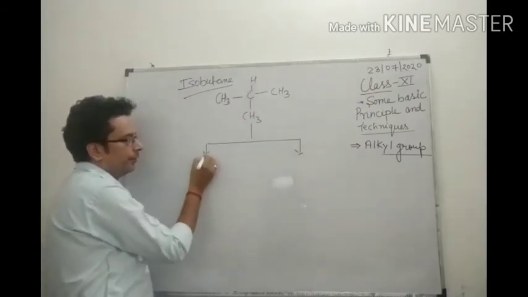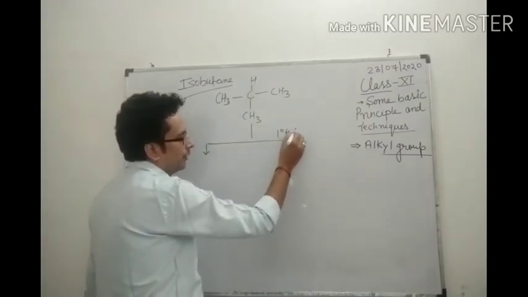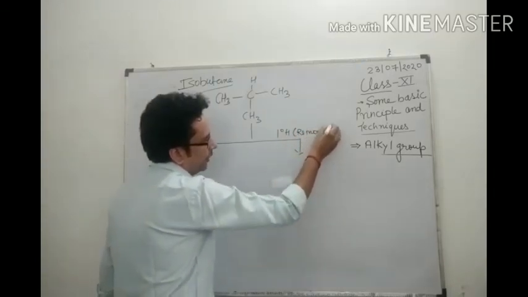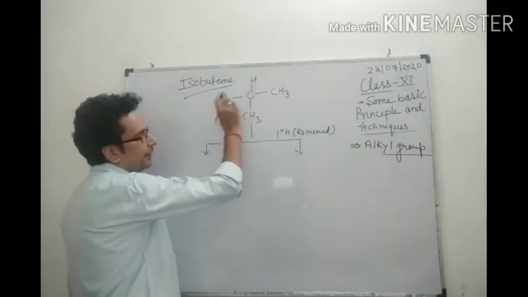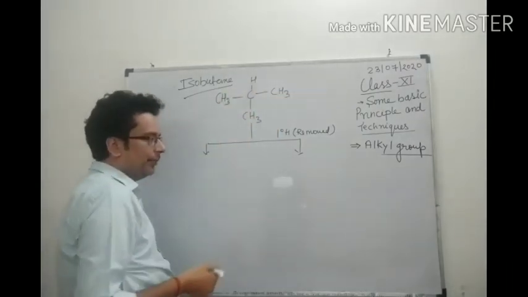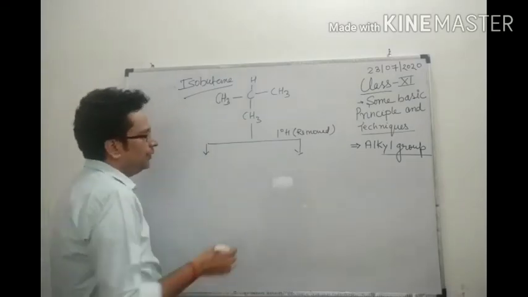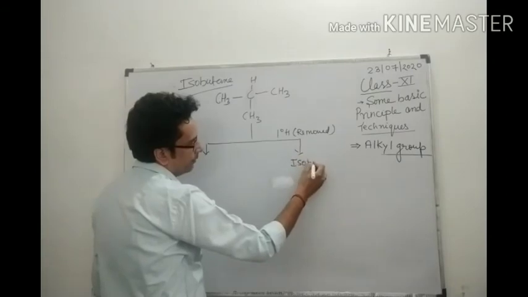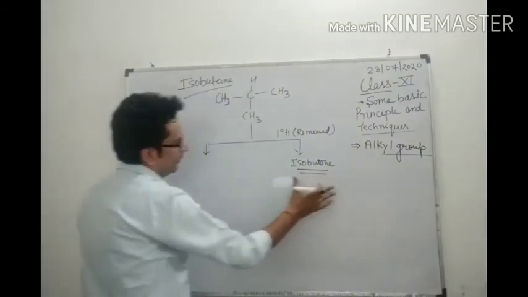Look here, if we remove a 1 degree hydrogen, either here, here, here, and so on, we obtain a simple result. That is isobutane. It is simple.